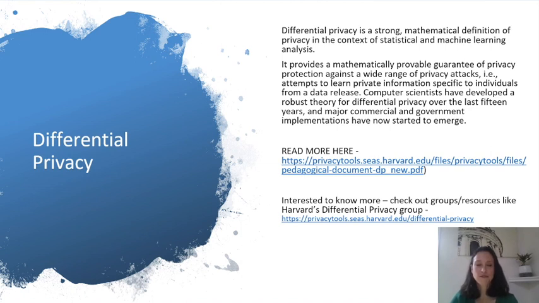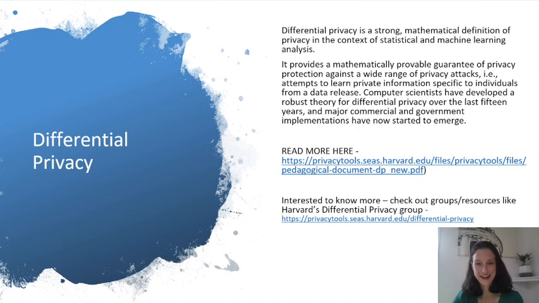And if you work with data collected from human subjects, you have concerns about protecting privacy, and you work in contexts like the US where just applying some of these basic statistical disclosure limitation methods isn't going to be sufficient, you might want to look into the privacy tools group at Harvard and think through whether differential privacy might be a tool you could use for mitigating disclosure risk while still being able to share your data.